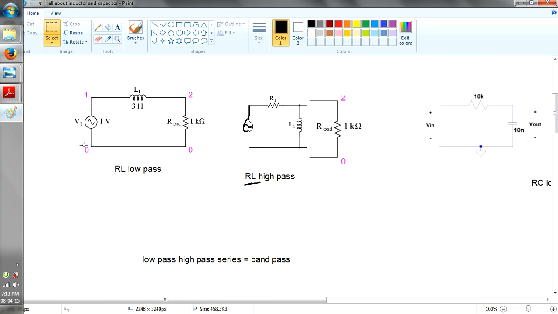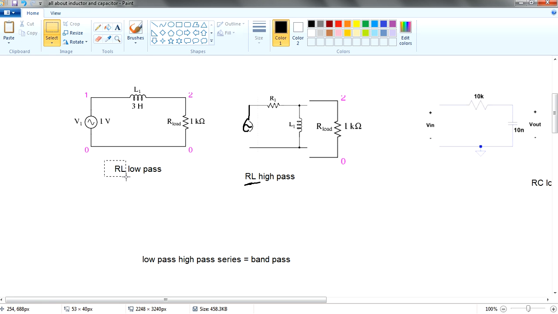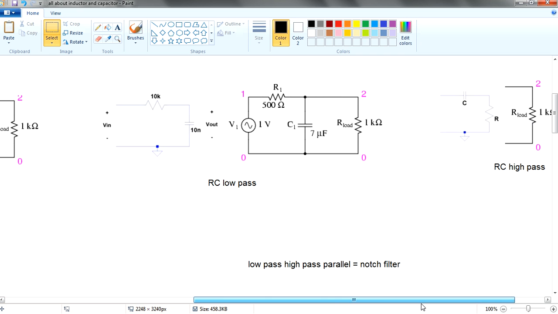So there are two types of filters. There are configurations of resistor plus inductor, as you can see, inductor and resistor. For RC, that means resistor and capacitor.